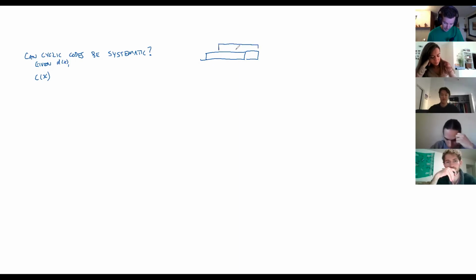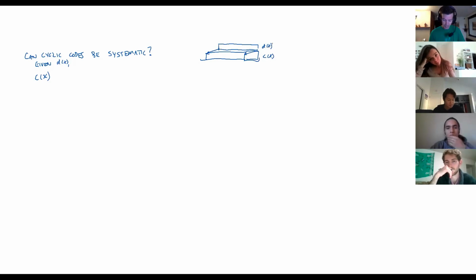So if it helps you to think about this pictorially, here is d of x. Here is what c of x would look like if it could be systematically encoded. And what I want to do is pick up d of x and move it up, or to the left here. I want to increase its power and then add on some extra frame check bits over here.